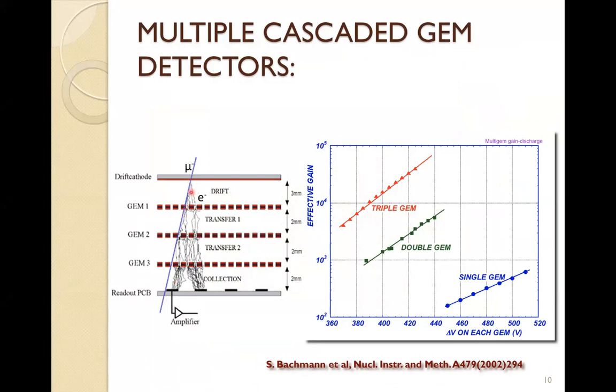Now if you increase this number to a large value, say 10 GEM foils, then after this avalanche it will be spread. Then there will be a problem of position localization. You will get a big cluster kind of thing, and many pads will be fired, and then for one single particle you will get signal from many pads. That we don't want, first of all.